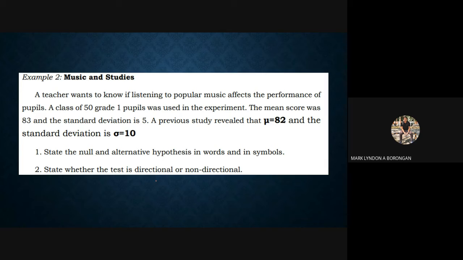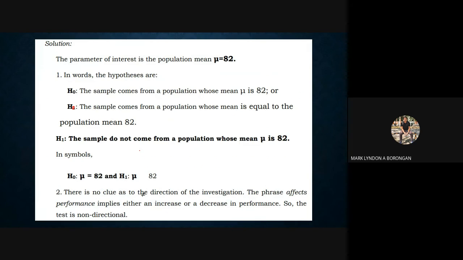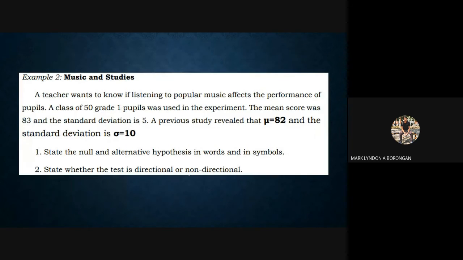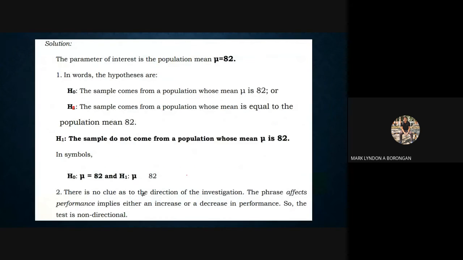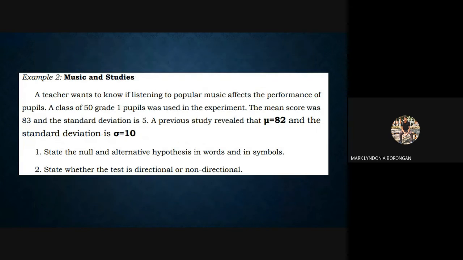Check na tong 1 dire, atong gi-state ang null ug alternative hypothesis. Ang 2 is to test whether it is directional or non-directional. So, as you can see there, ato ang statement diari gibutang: a teacher wants to know if listening to popular music affects the performance of the pupils.